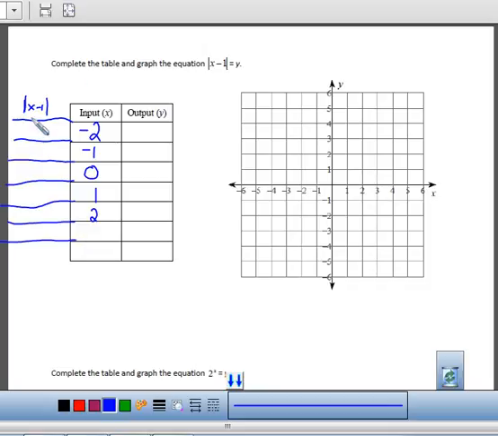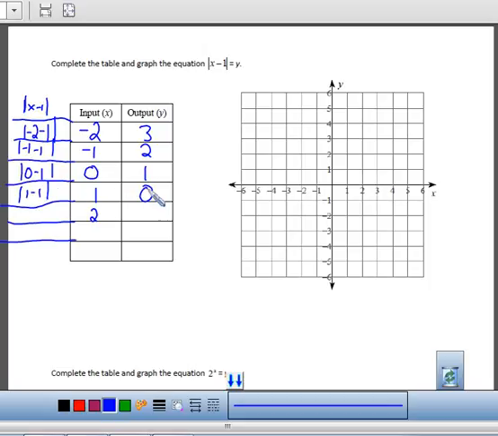Okay. So when I plug in -2, -2 minus 1 is -3. But then when I take the absolute value of that, I get +3. Now, -1 minus 1 is -2. -2 absolute value is 2. 0 minus 1 is -1, but the absolute value is 1. 1 minus 1 is 0.